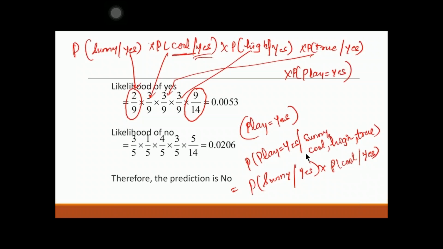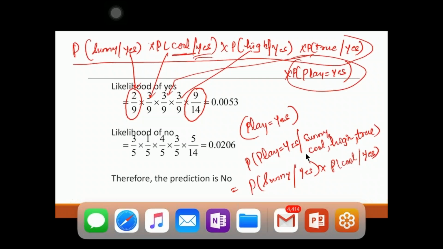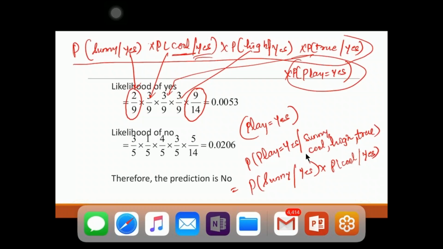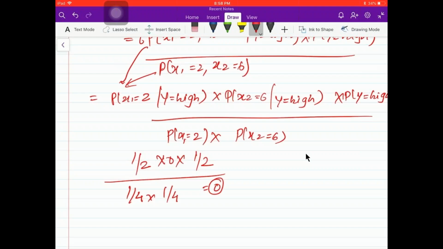Remember, these were the x given y, and then there was a probability of y also, right? This was there, right?